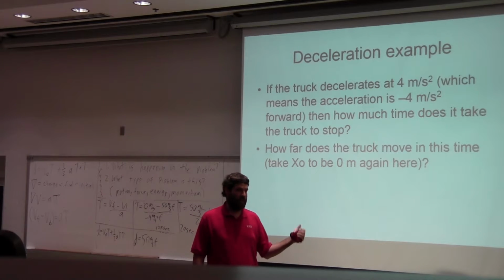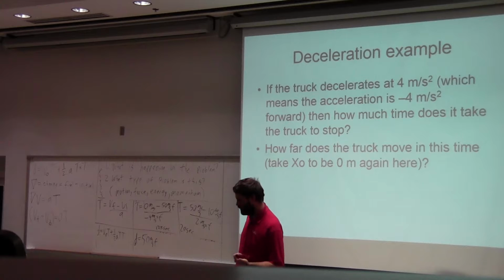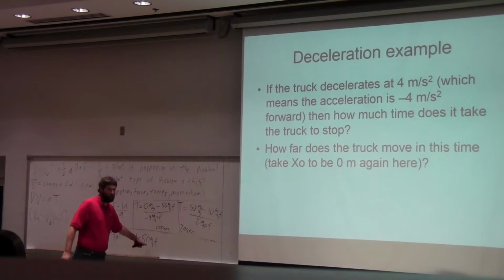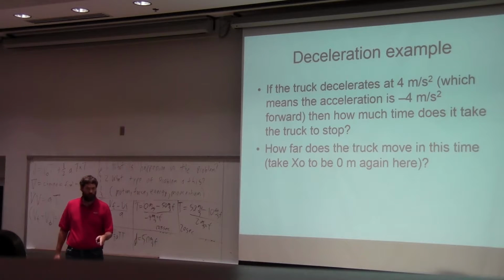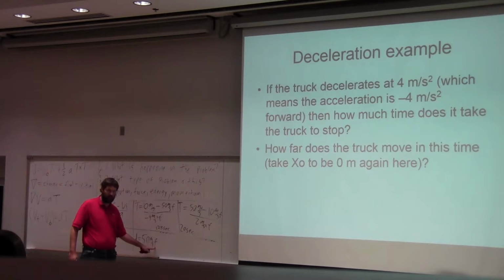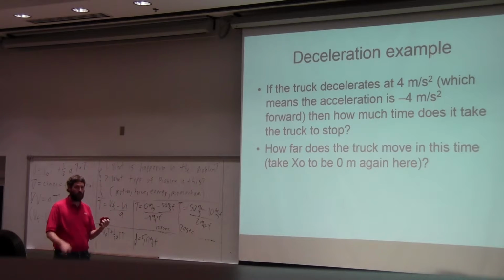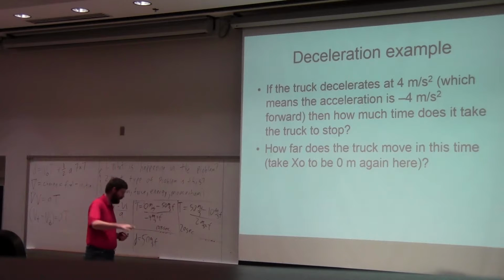So in this case, I've decided to do everything in the forward direction. And I don't have any other dimensions, so I'm just worried about forward and backwards. I could choose to do everything in the backwards dimension, in which case my initial velocity would be minus 50 forward, and my acceleration would be positive. I'm going to do forward direction, which means my initial velocity is positive, but my acceleration then is negative. You get to choose them, usually. Now the default is forward is positive and up is positive, usually. But sometimes there will be cases where you want to change that, and you get to do that.